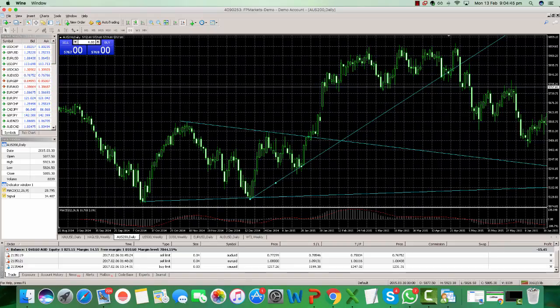All right, so this is what we call a symmetrical triangle. There's pressure from the sellers and also pressure from the support. But if the symmetrical triangle is pointing upward, most likely the support is stronger.